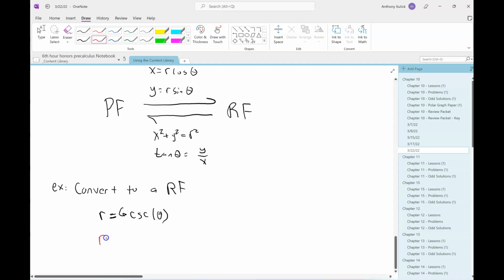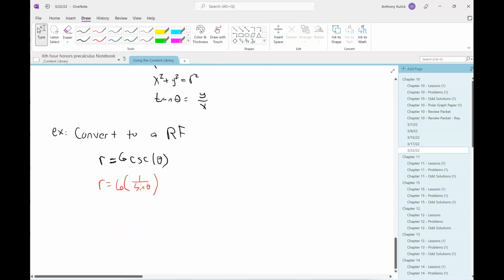Anybody remember what cosecant is in terms of sine and cosine? One over sine. There you go. Those identities coming back. They never really went away. And then I notice if I multiply both sides now by sine theta, what is r sine theta equal to?